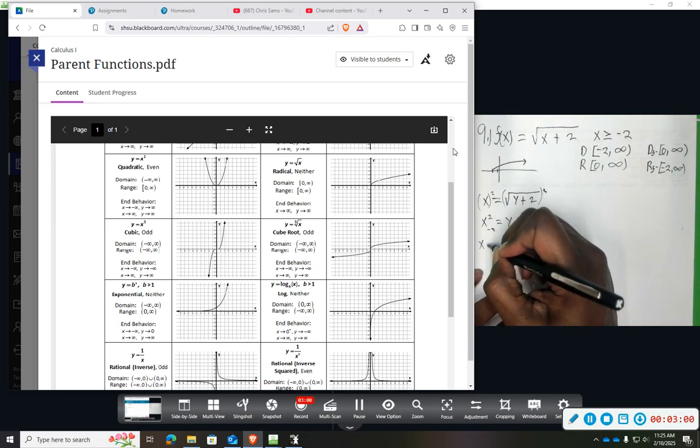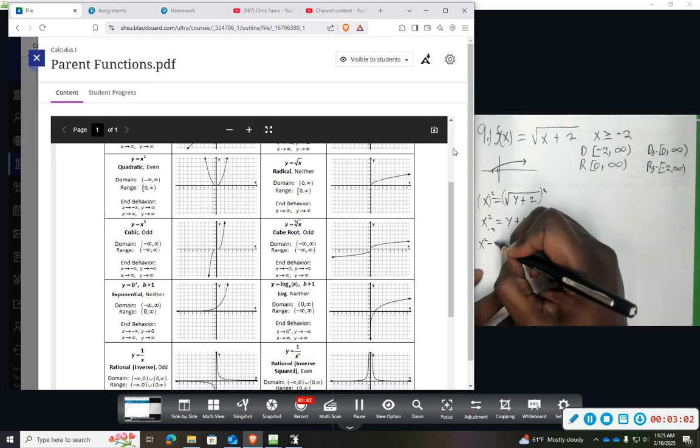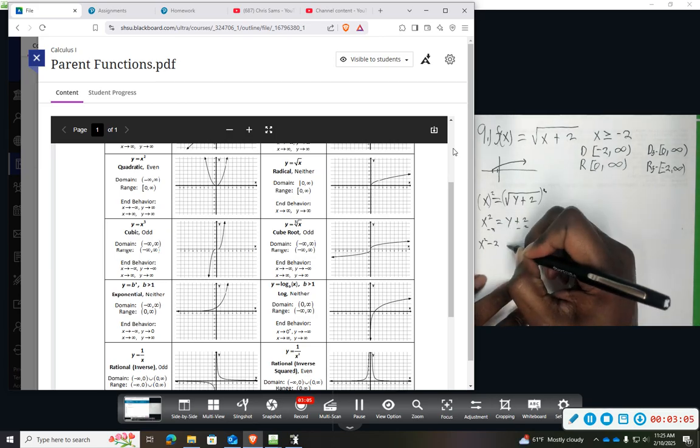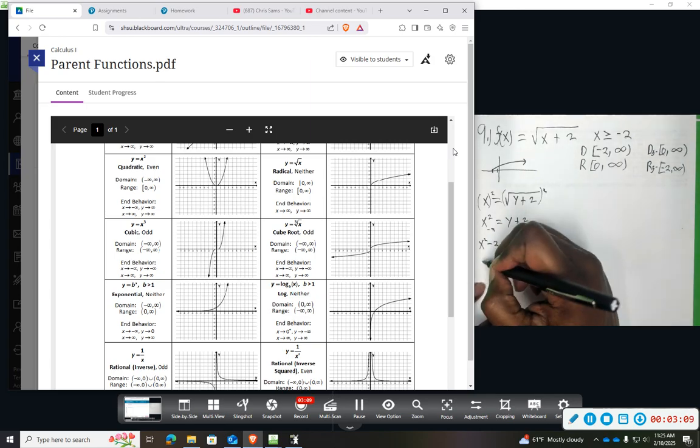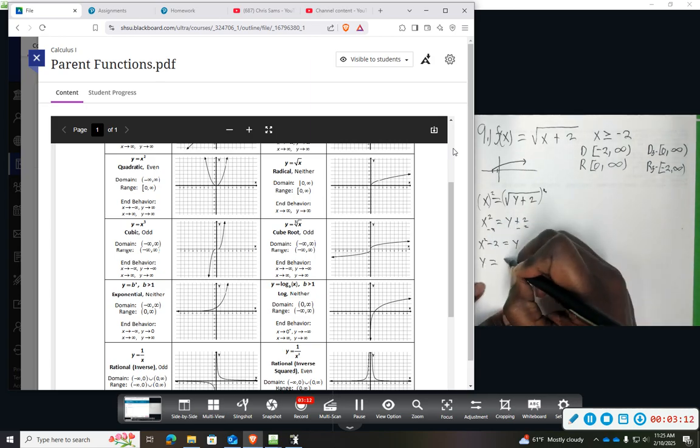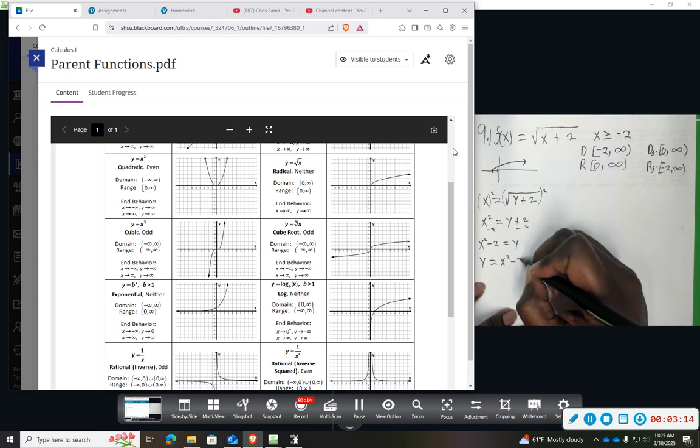So we get x squared minus 2 equals y. Rearrange this, we get y equals x squared minus 2.